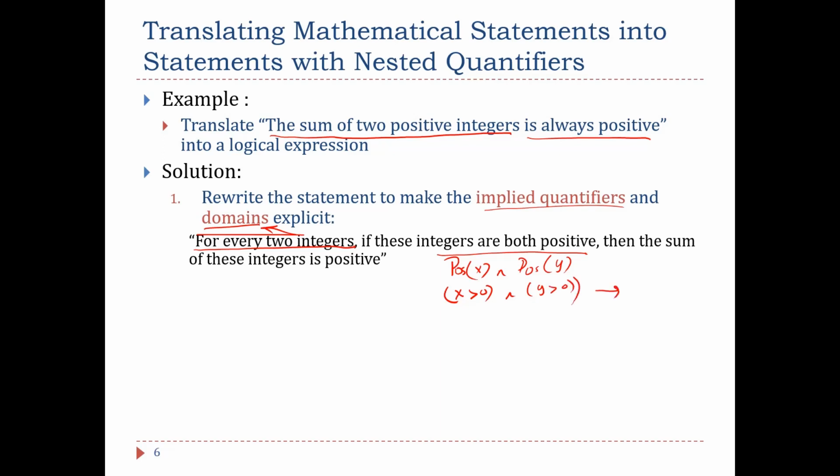If we have these two premises, then necessarily the sum of these integers is positive. We necessarily have x plus y strictly greater than 0. And this is for every two integers x and y.